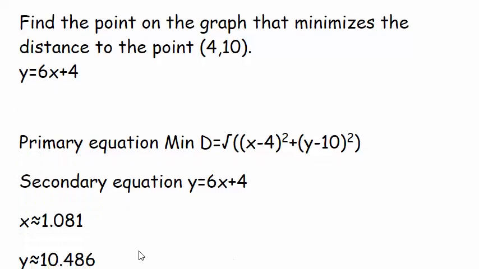Okay, so I believe those were the two numbers. X was approximately 1.081 and Y is approximately 10.486. And of course you can see here I've got how the setup should actually be, and of course Y is 6x plus 4 goes into here. All right. Sounds good.